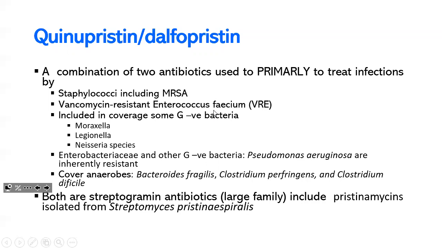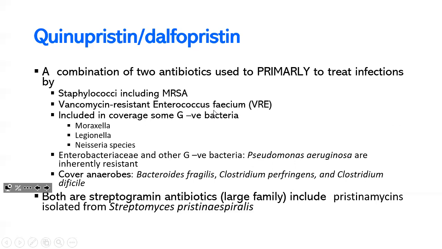It also covers some gram-negative bacteria like Moraxella catarrhalis, Legionella, and Neisseria species. Neisseria is a gram-negative coccus, one of the capsulated bacteria, by the way.